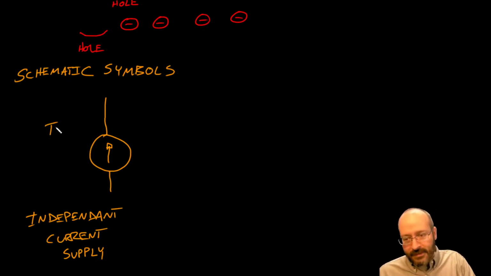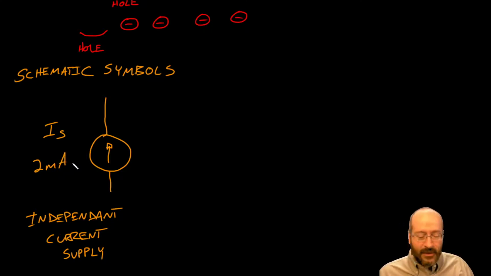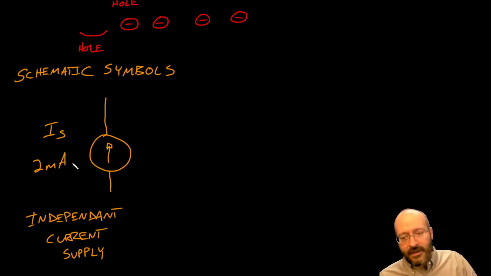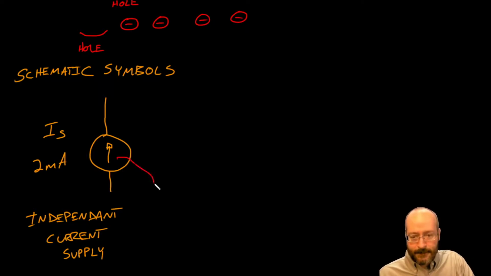It might have a part designation, so I'll say it's a current supply, I sub S, and it may have some constant value next to it, so we would just say 2 milliamps. So it's going to push 2 thousandths of a coulomb per second, and the arrow is pointing up, and that arrow indicates conventional flow.